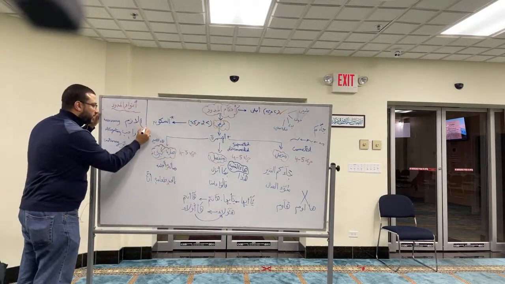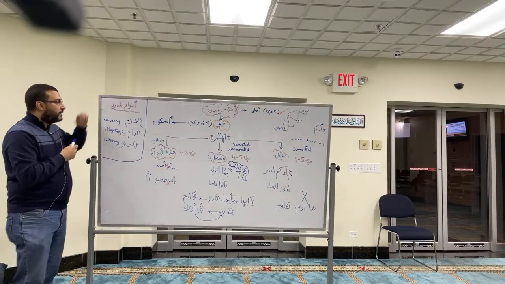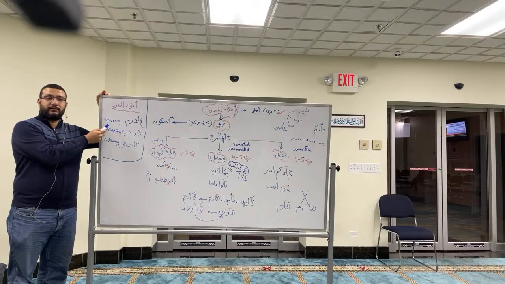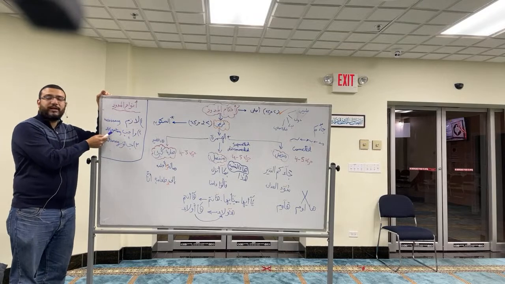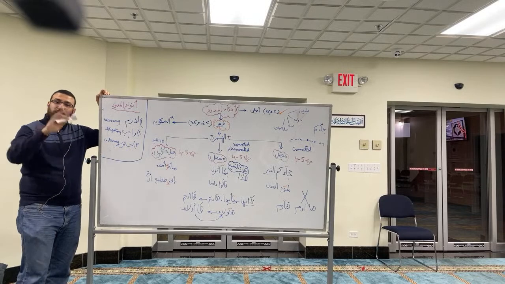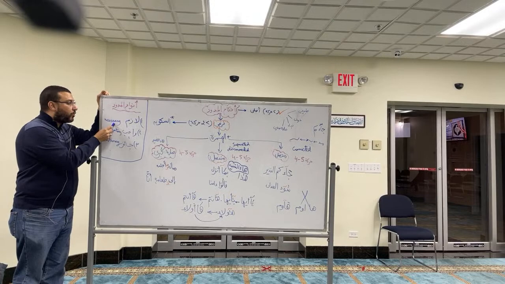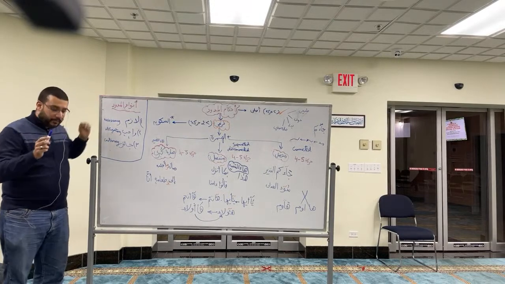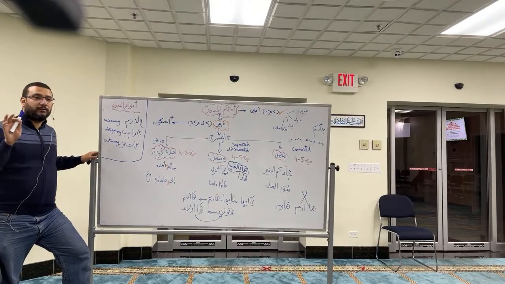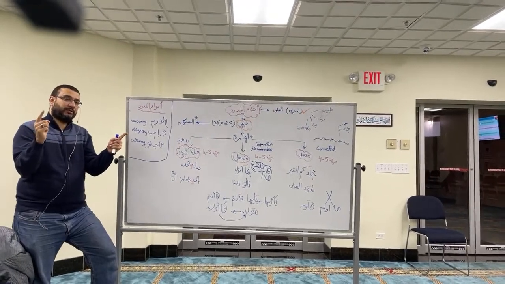So the types of mudud in general, which applies to what we covered last time and what we will cover today, is either lazim, necessary, or wajib, obligatory, which is a lower level, or ja'iz, customary, where you can do it or you can miss it. Now, lazim, or necessary, are the type of mudud that all the reciters agreed on, and they agreed on how long it is.